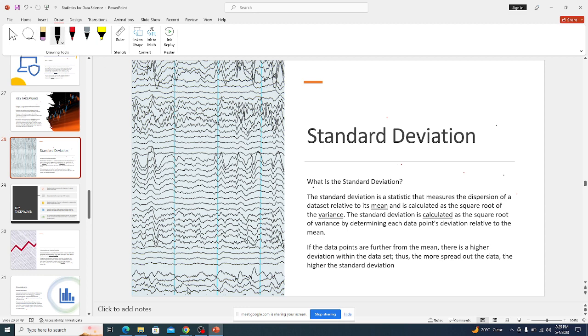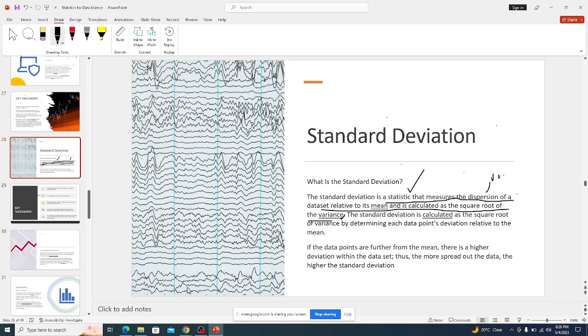So standard deviation, of course, is a statistic that measures the dispersion of a data set relative to its mean, and it is calculated as the square root of variance. So it is a statistical measure of dispersion.